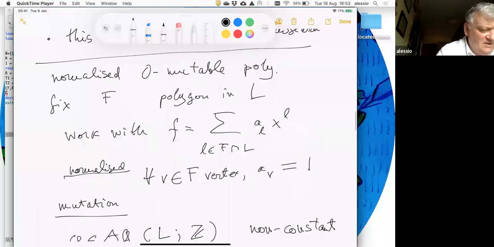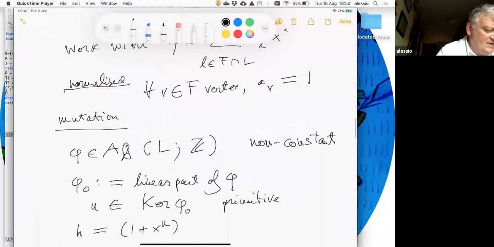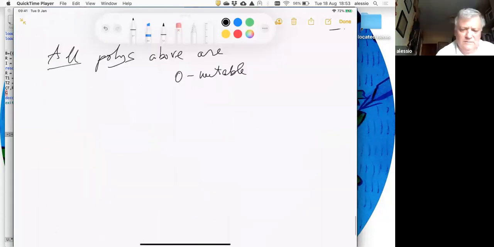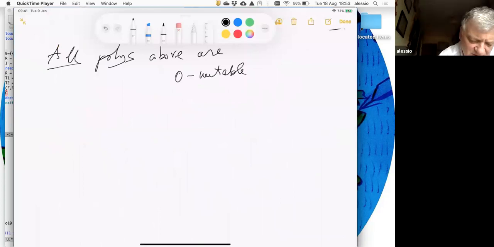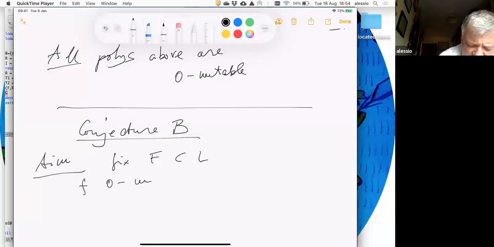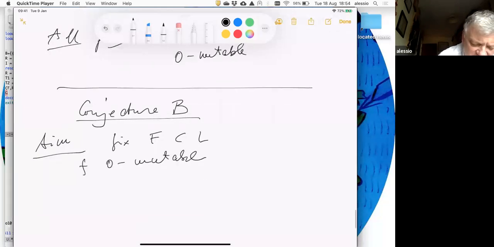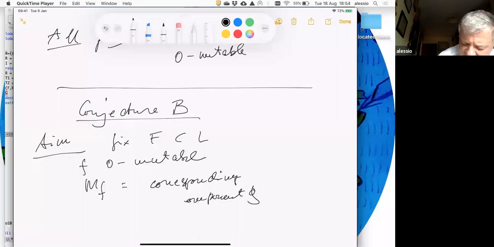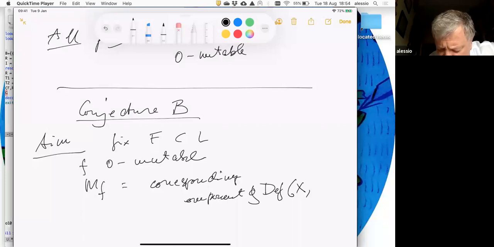So hopefully now you can see that I was writing. Maybe I want to tell you briefly about Conjecture B. Very quickly, the aim here is, again, you fix some polygon F in L, and you also fix some zero-mutable F. And then you take M sub F to be the corresponding component of Def X. And for technical reasons, I want to take deformations of the pair X and toric boundary.